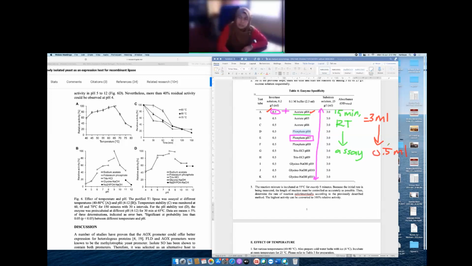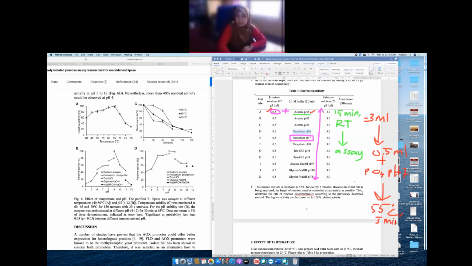At the end of the day, you will take 0.5 ml out of 3 ml and then add the optimal buffer, which is phosphate buffer pH 7. This is your optimal buffer from the previous experiment. So 0.5 ml plus, for example, 0.5 ml, add with the phosphate buffer, and then we do the incubation at 55 degrees for 5 minutes, and then we terminate the enzyme activity.